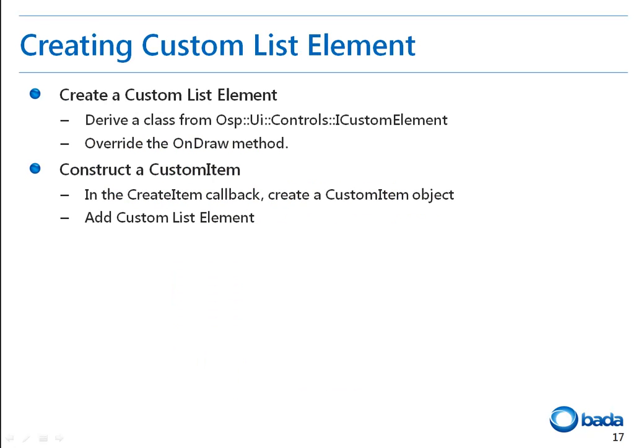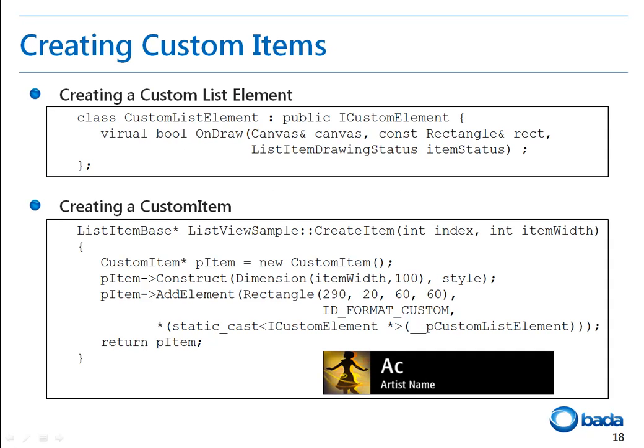To use a custom item, we first need to derive a class from the iCustomElement and override the onDraw method. In the createItem callback function, the custom list element has to be added to the custom item object and returned, similar to what we've seen in the basic lecture. This code snippet above demonstrates the same.